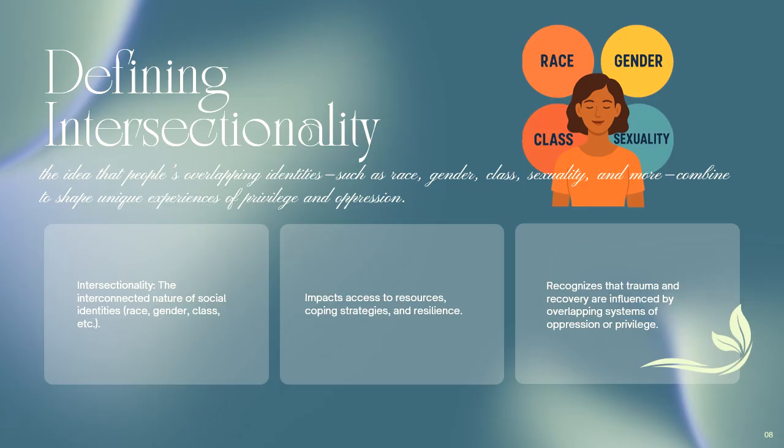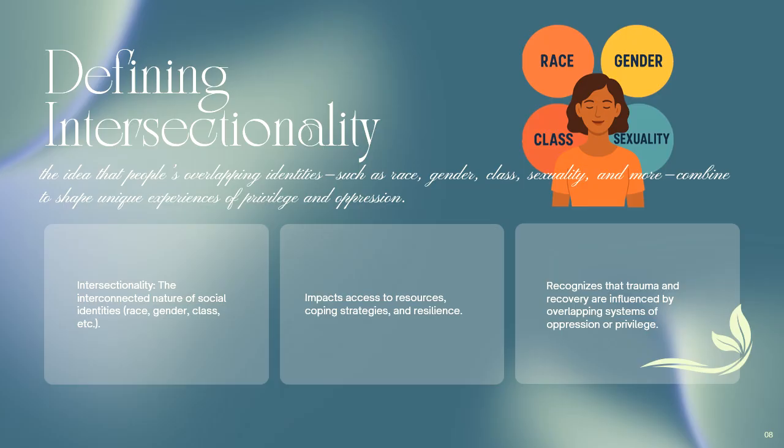So when we're talking about intersectionality, know that we're looking at interconnectedness, particularly within social identities. We look and discuss how it'll impact one's resources, how they would cope with situations, particularly with trauma, and what level of resilience they can find themselves to be in.